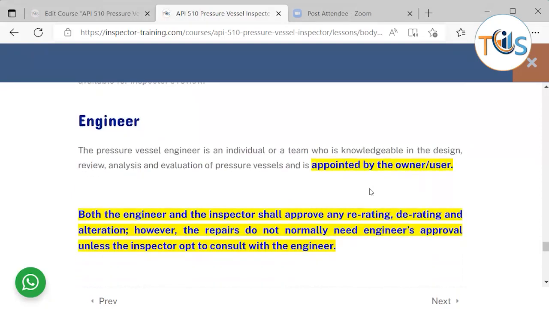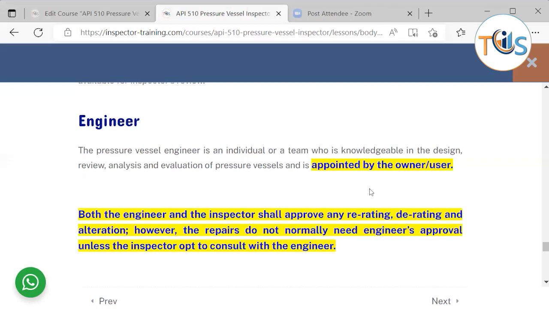Now, the engineer, if you look at the term, is a person or a group of persons. So it can be a team or just one individual. And by the term engineer, that means pressure vessel engineer here. And it is appointed by the owner user who has enough knowledge in the design, review, analysis, and evaluation of pressure vessels. Why does the API say appointed by the owner?